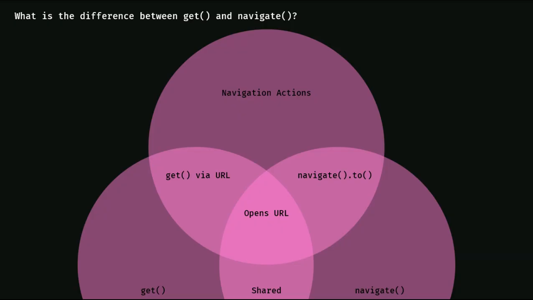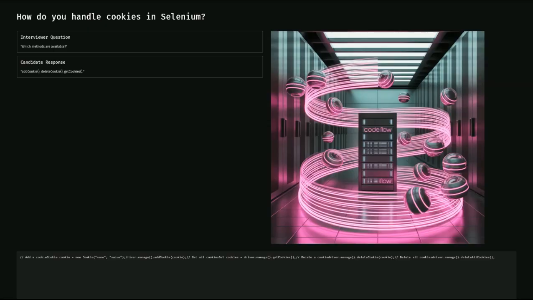Next is, what is the difference between get and navigate? Right? So get is used to open a URL. The navigate method is also used for opening the URL. Next is, how do you handle cookies in Selenium? Or what methods are available?